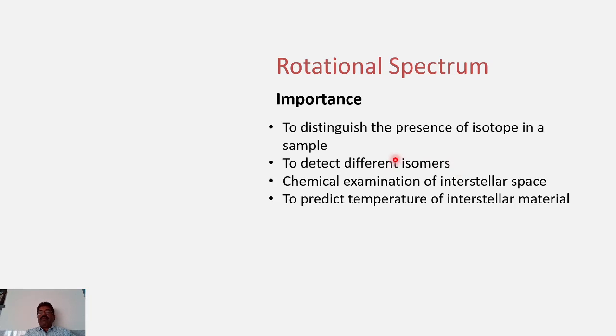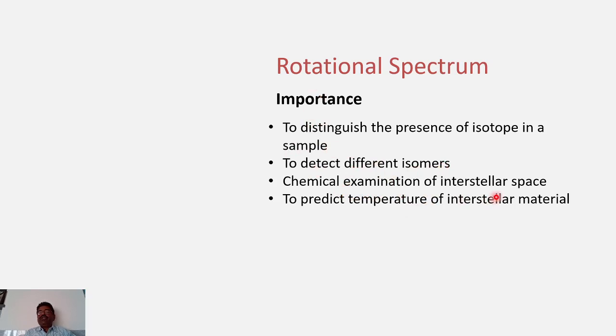If the molecular formula is the same but the molecular structure is different, then there will be a different moment of inertia because of the rotational motion involved for the molecules. And if the moment of inertia is different, even though the molecular formula is the same but the structure is different, then in that particular case the rotational energy states should be different, and from that you can identify the presence of isomers.